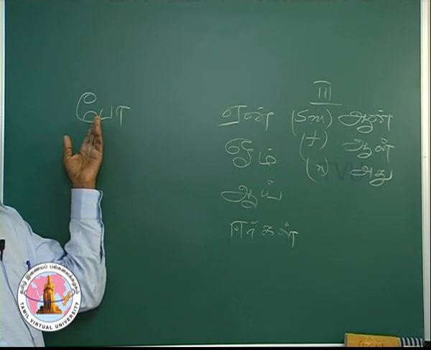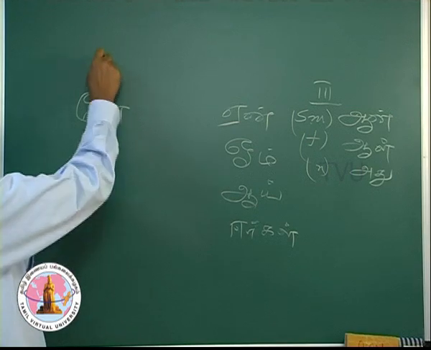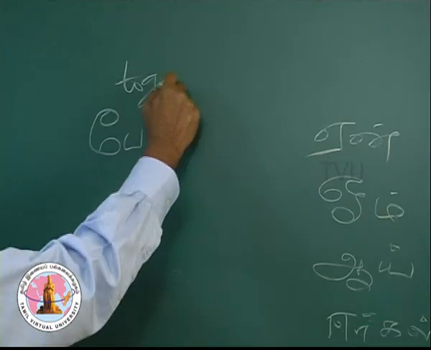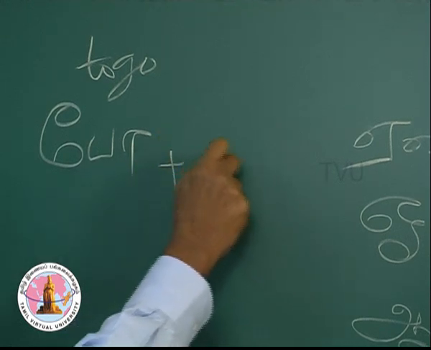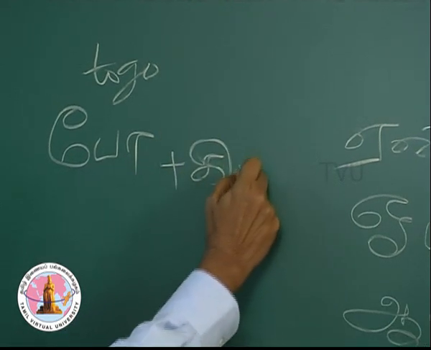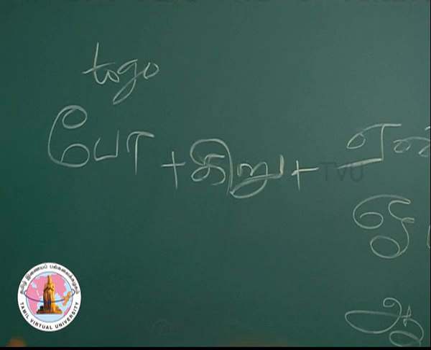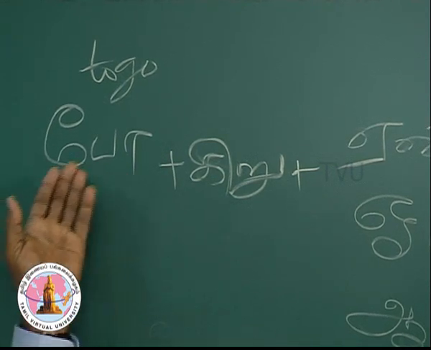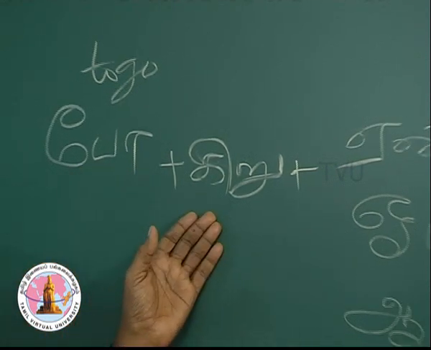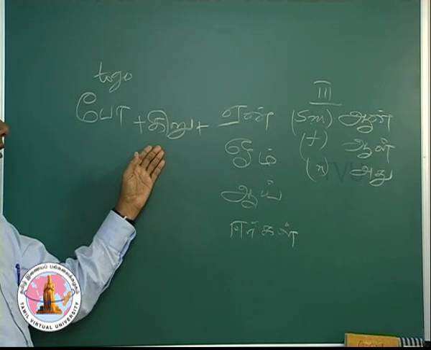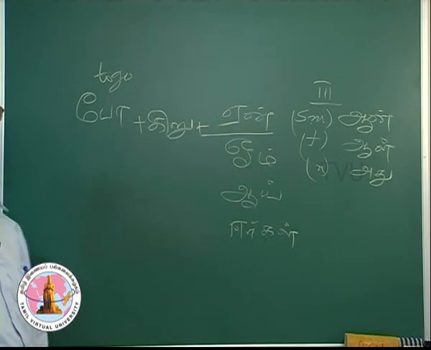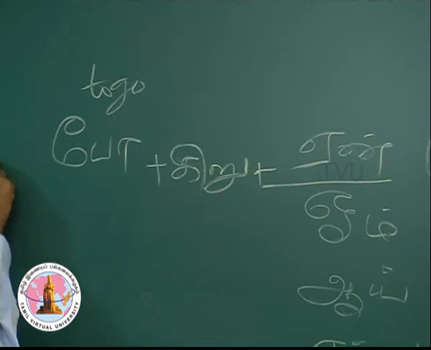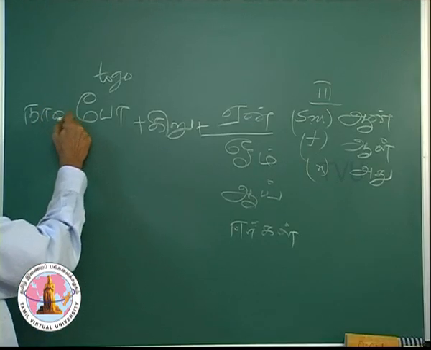Po is a verb meaning to go, and the present tense marker will be kiru. This is the verbal root, tense marker, present tense marker, and this an is the suffix for the person marker for nan.